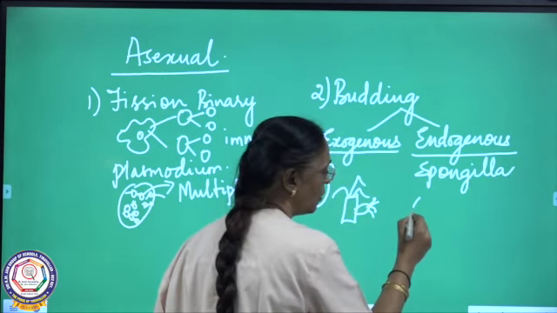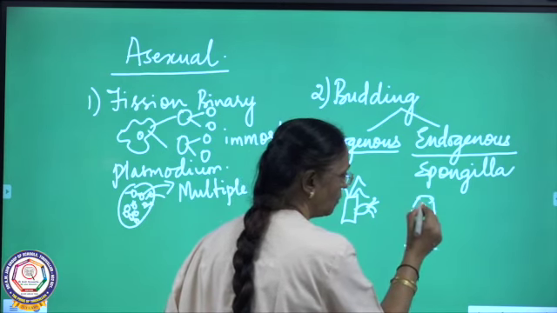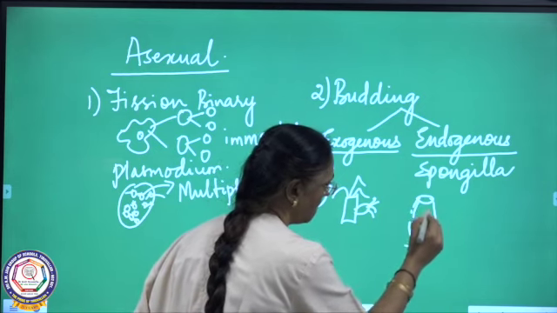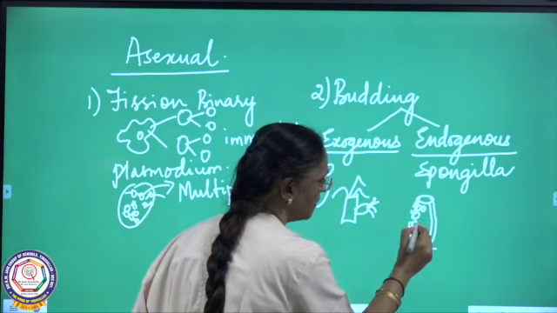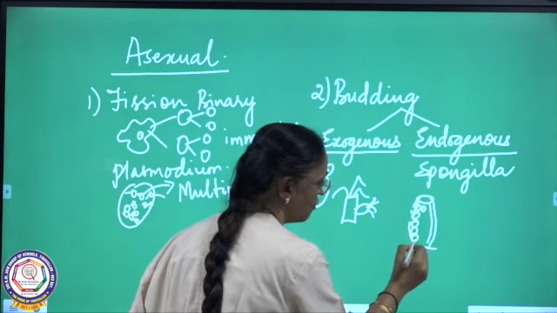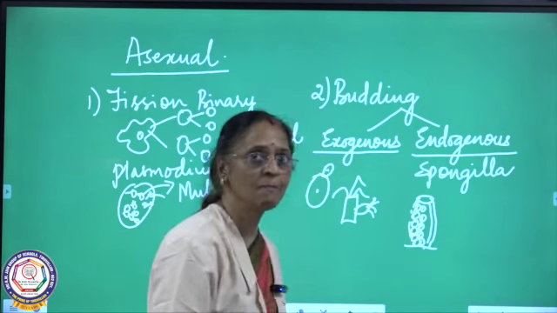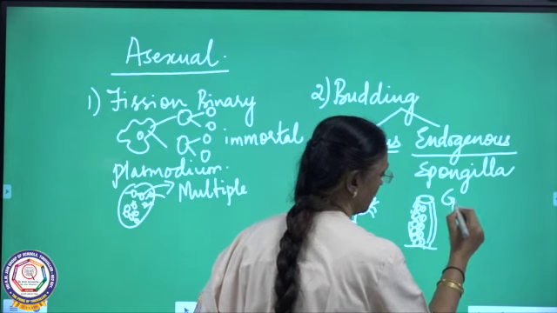A freshwater sponge is a porous body with an opening, and this is the body cavity. We will find that there are many buds formed, and these buds are what we call gemmules.